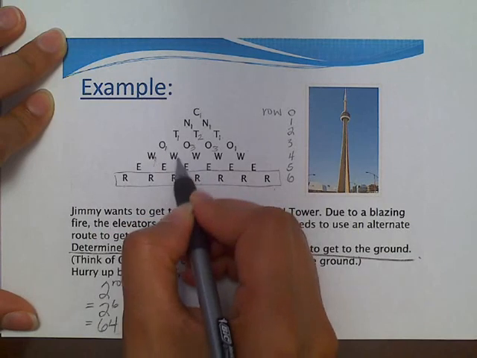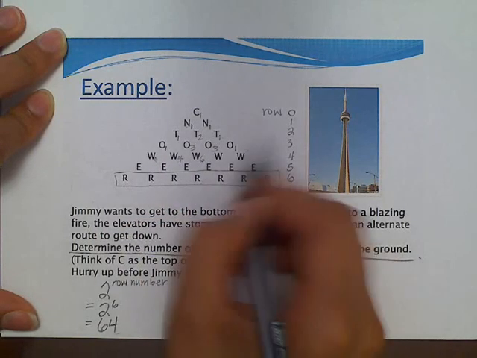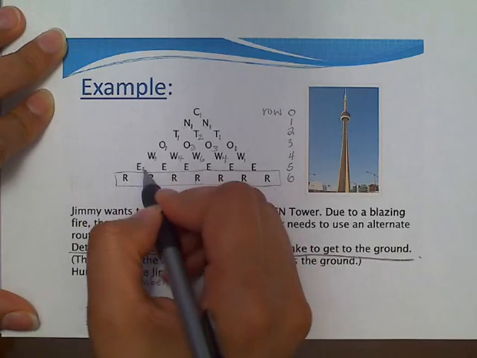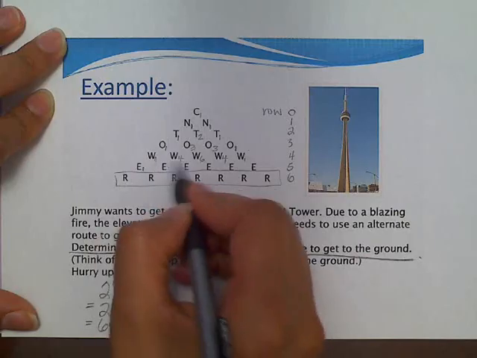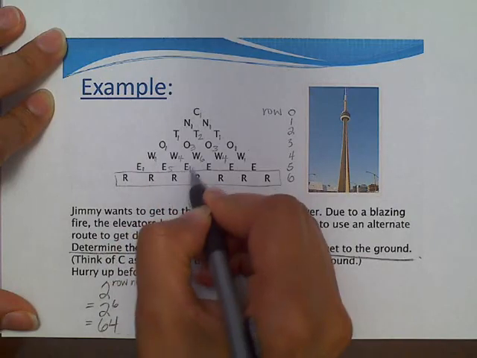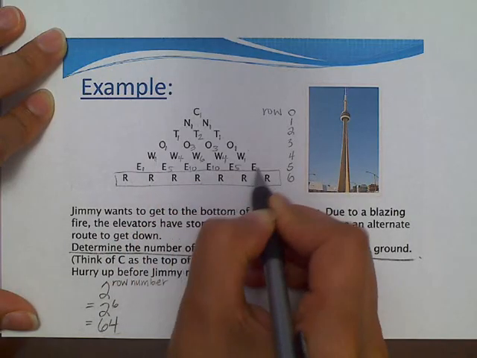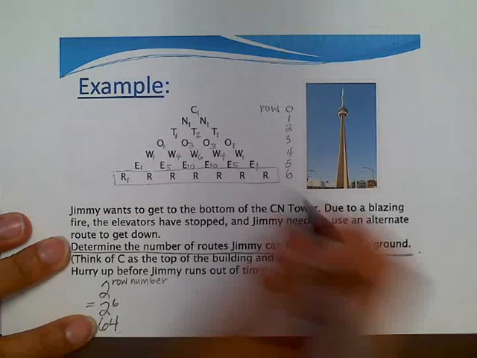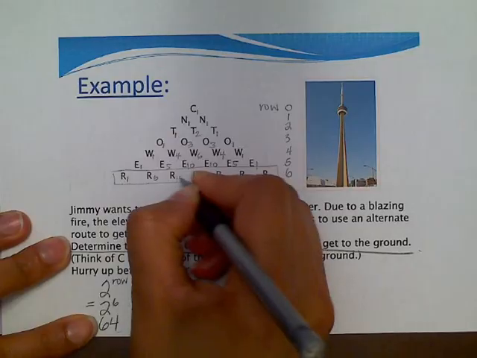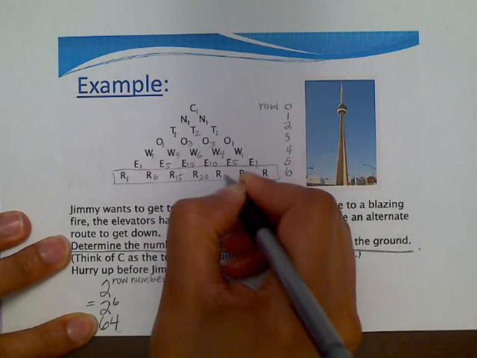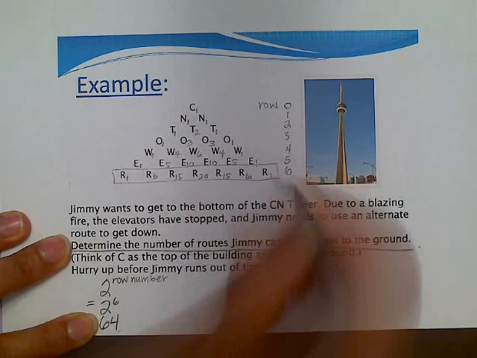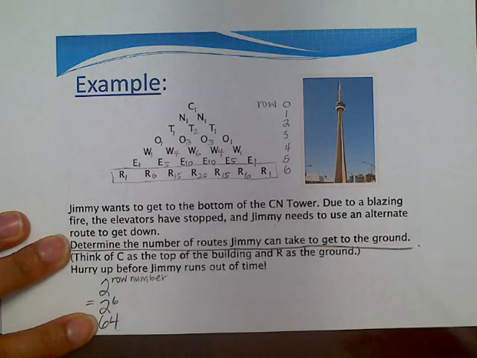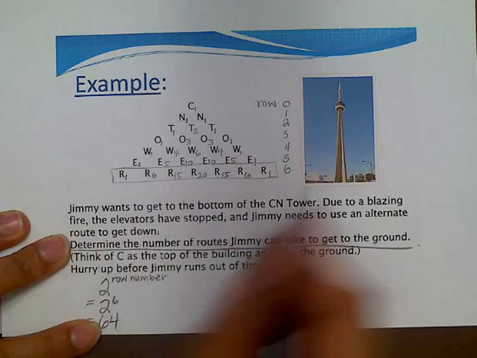There's only one number above this, so I know this is going to be a 1. 4, 3 plus 3 is 6, 4, 1. Again, there's only one number above it, so I know this is going to be a 1. That's 5, 10, 10, 5, and 1. There's only one number above, so I know that's 1, 6, 15, 20, 15, 6, and then 1. Okay, so 10 plus 5 is 15, 10 plus 10 is 20, etc.